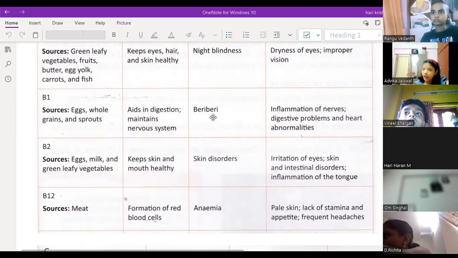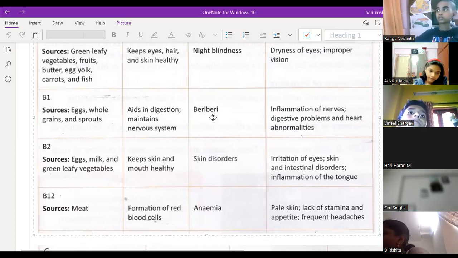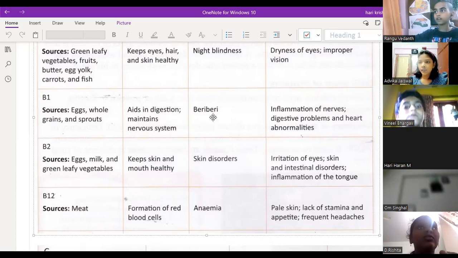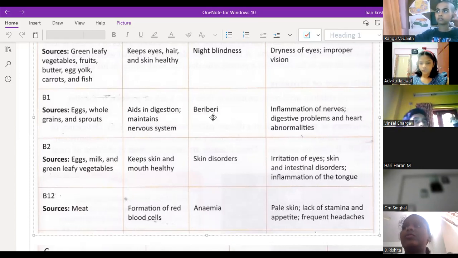First, tell me, how many types of vitamins are there? Sir, they're classified into two. First, water soluble vitamins, and fat soluble vitamins. Do you remember this point? Yes, sir.